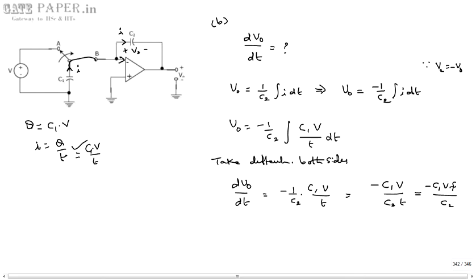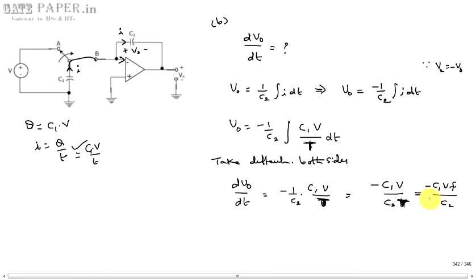Even though it is going for f number of times per second, you are considering only one time, so you write it as capital T. So by that you don't get any confusion. It won't be a small t. This will become 1 by capital T, which is nothing but f, the frequency.